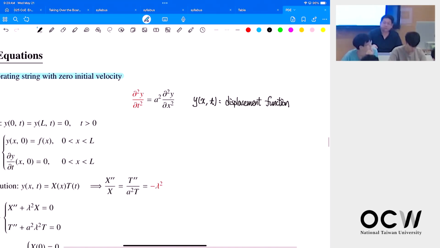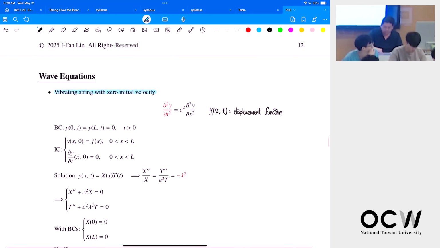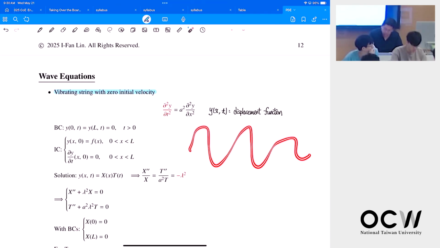If you vibrate a string, it will go up and down, up and down. So this is the displacement for x.